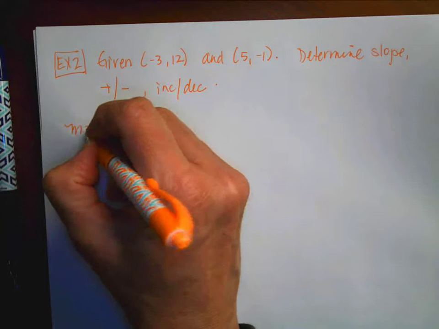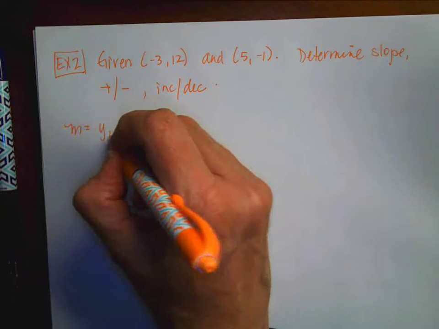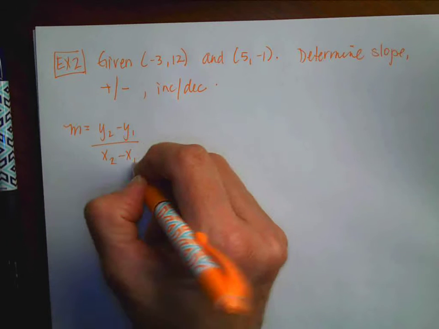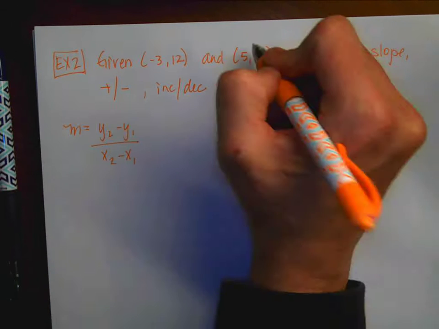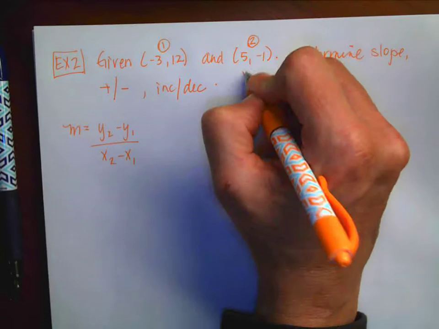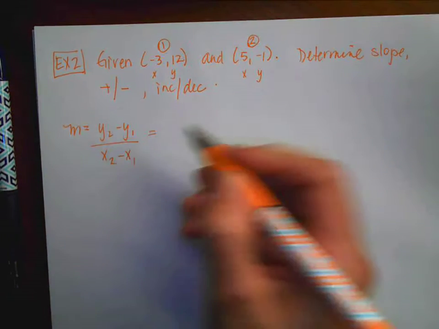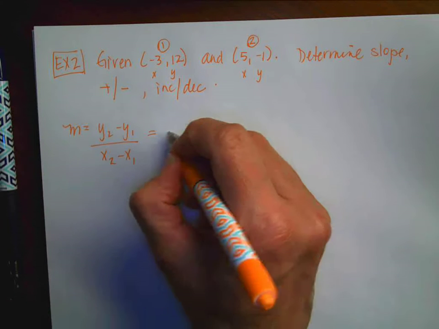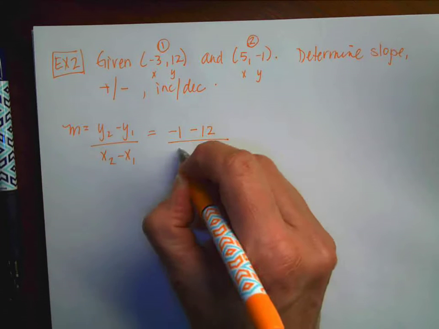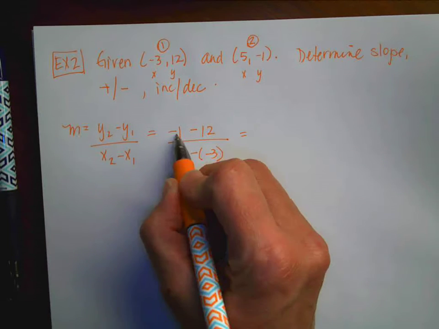Okay? When I do math, I always write my formulas out without numbers in them because then I personally make less math mistakes when I can see what I'm trying to do. I'm going to label this as my 2's, and this is the 1's. And if you need to, you can label X and Y just to keep your brains turned on the right direction. Y2, a negative 1 minus 12 over 5 minus a minus 3.